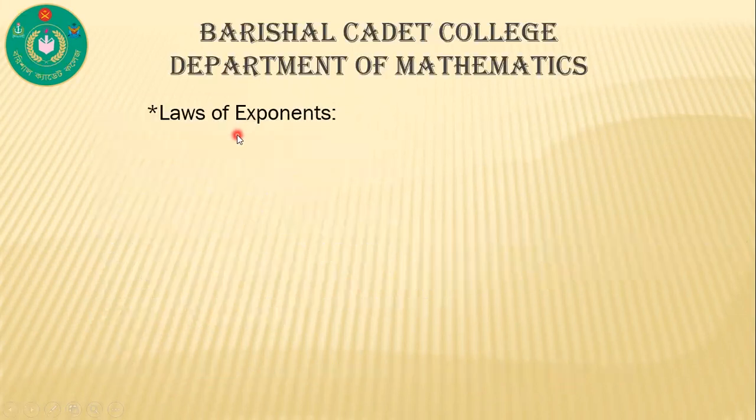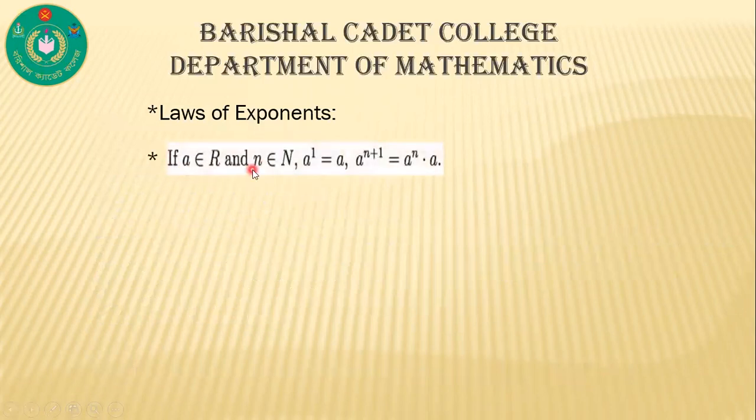Now, laws of exponents. If a belongs to R and n belongs to N, here R means set of real numbers and N means set of natural numbers, then a to the power 1 is equal to a, and a to the power n plus 1 is equal to, we can write a to the power n dot a.